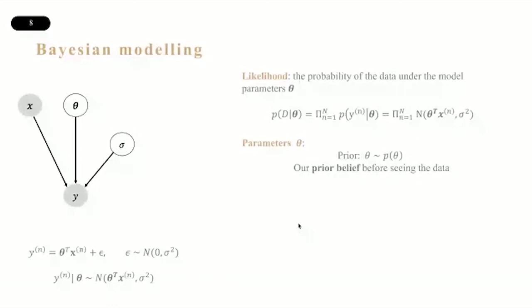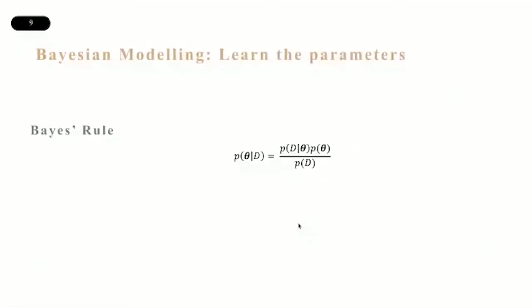The question now that arises is, I need to learn theta, the actual value of theta. I need to learn that parameter. The way to do that is by using what is very well known in the field, called Bayes rule. Let's see what this Bayes rule does. What this Bayes rule does is actually computing the posterior.